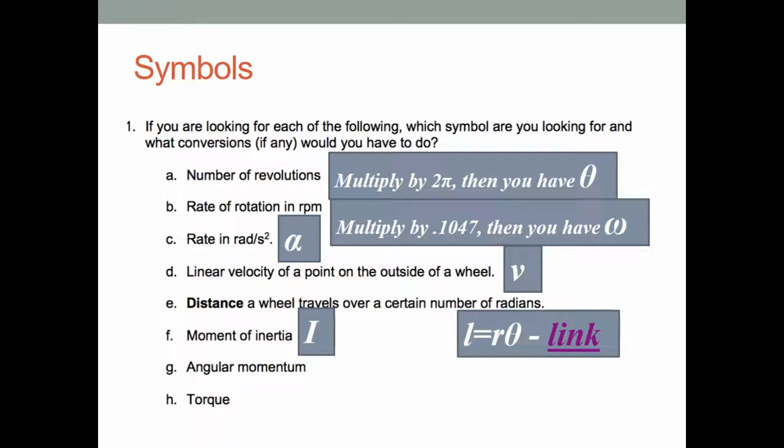P. If you look for P on your equation sheet, which you'll have on the test, look at the one right next to it. That's angular momentum. So angular momentum is L. And torque, Leo. Yeah, call it tau, but yes. Tau, T-A-U.